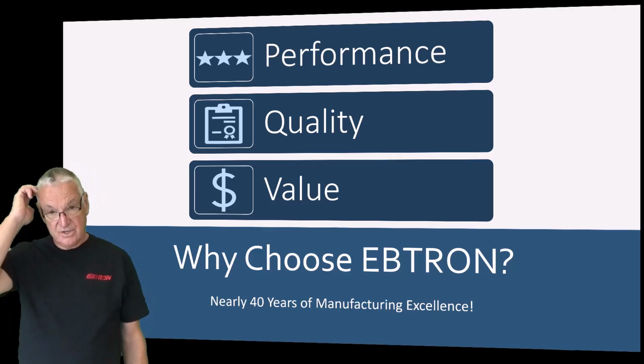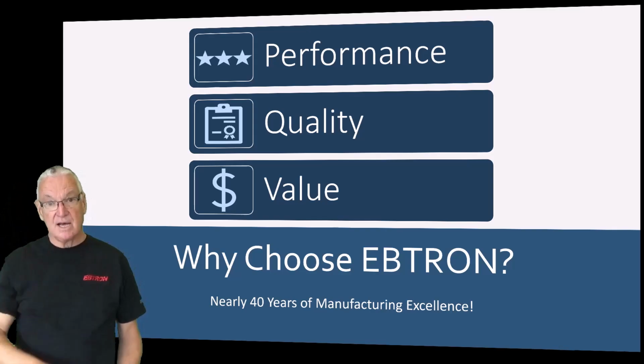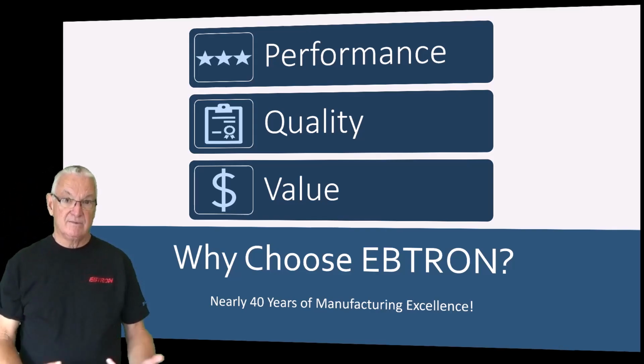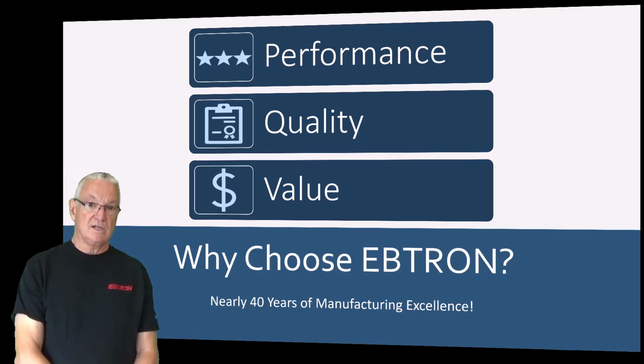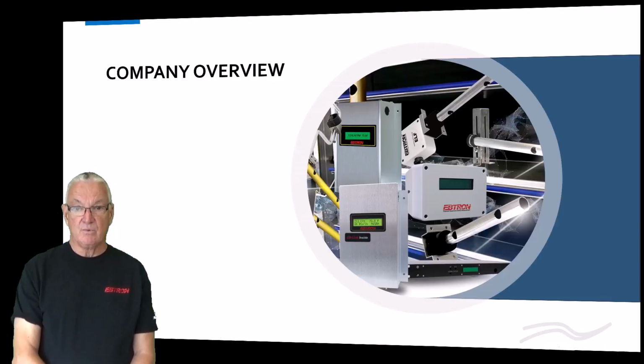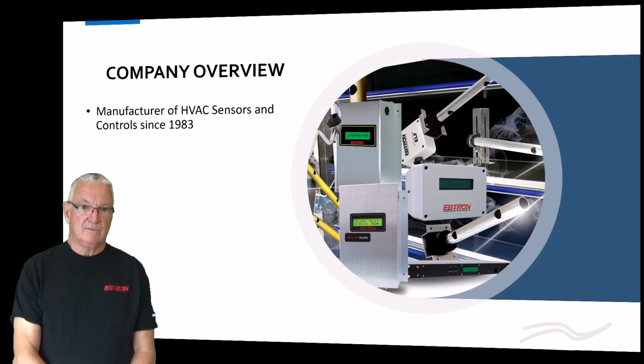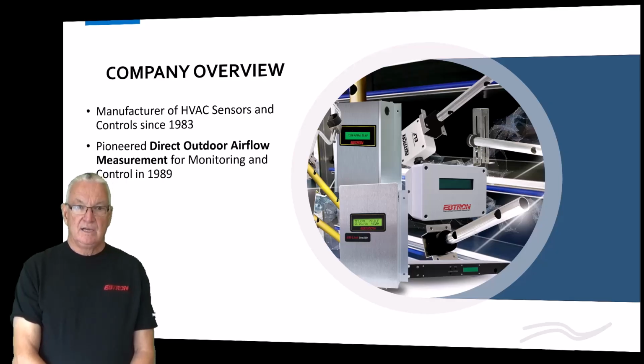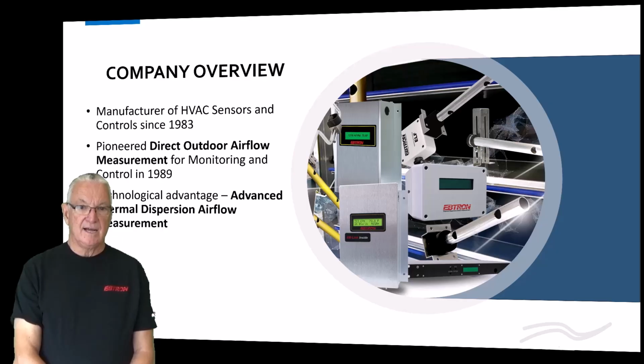And for the performance and quality, we believe we have some really good value, okay? So we're certainly not the cheapest people out there, but it's not because of any other reason. To get the performance and the quality you need, we have to do some things to the product to make it work. We started in 1983. We pioneered direct outdoor airflow measurement in 1989.